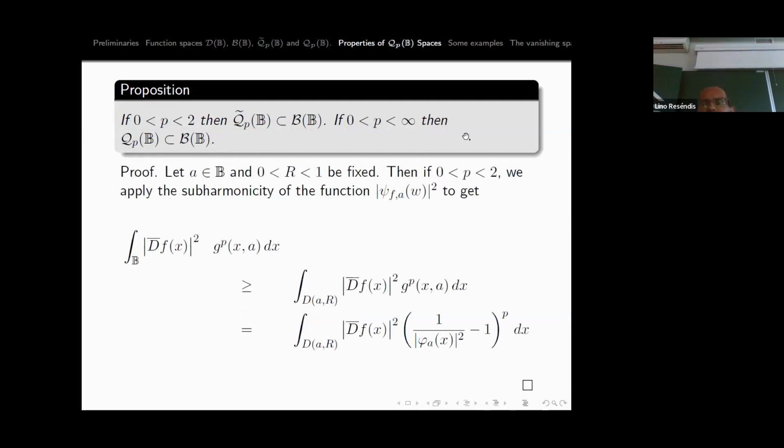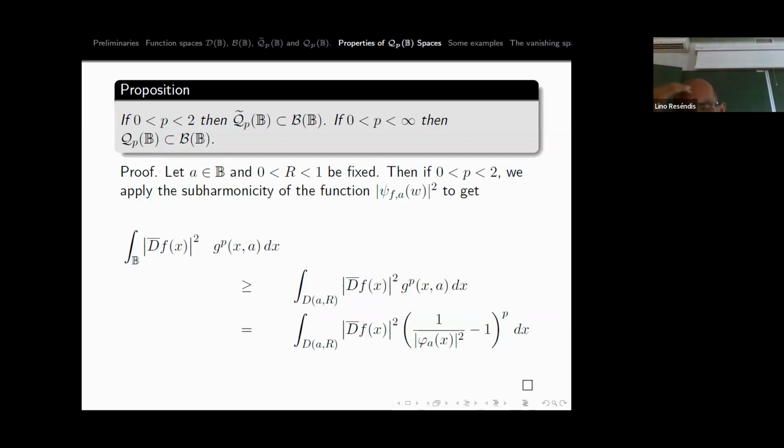Okay, the proof follows the following steps. We can choose one point in the unit ball, a fixed value between 0 and 1, and we consider in this case P between 0 and 2. And we will use, because, okay, I forgot to say the following: each hyperholomorphic function is automatically a harmonic function, okay?